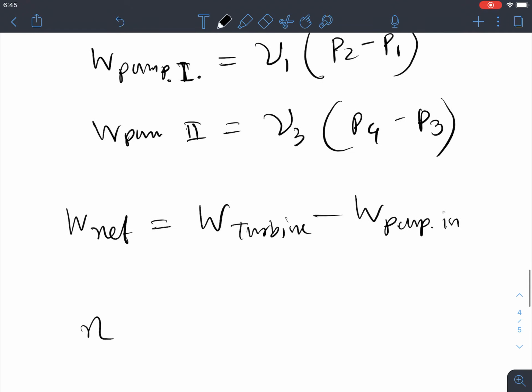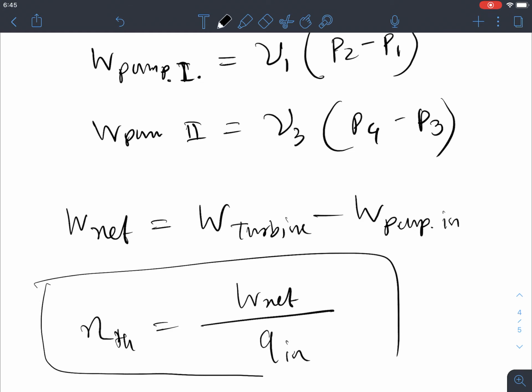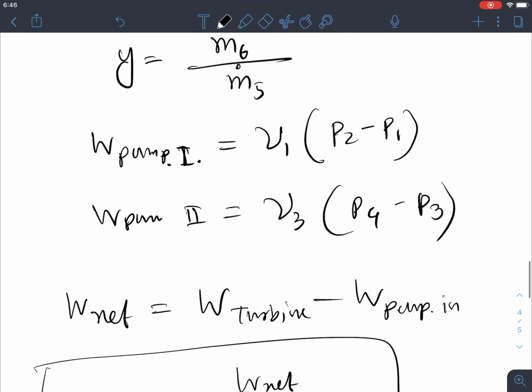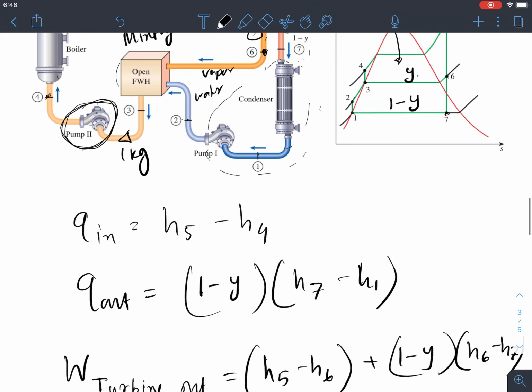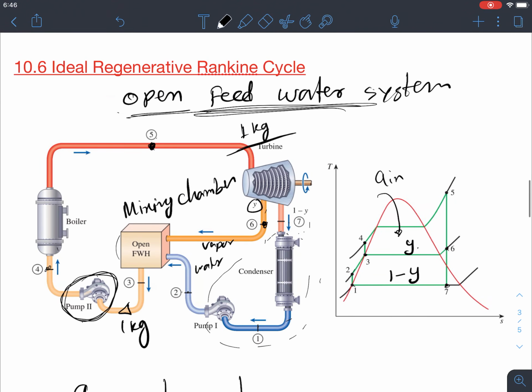And the efficiency expression is W net divided by Q in, right? So we know everything about all of those parameters. So that's the analysis of the open feed water system, right?